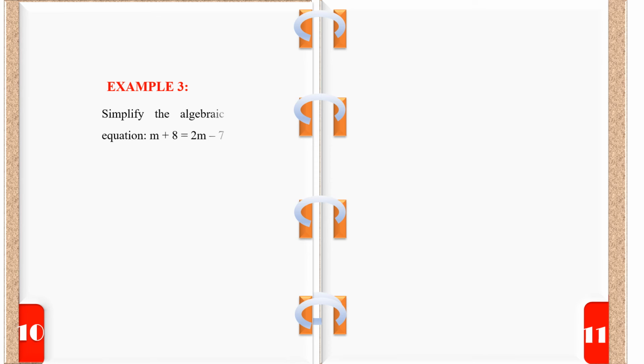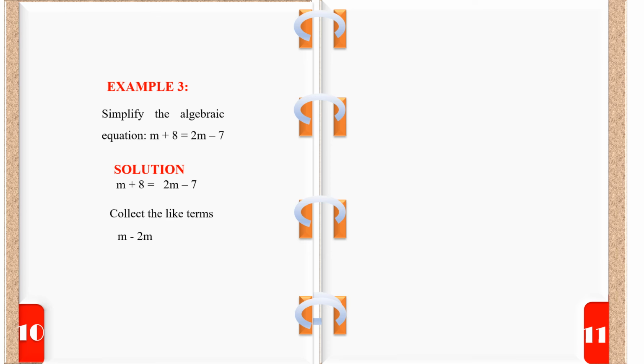Example 3. We have to simplify m plus 8 equals 2m minus 7. To solve that, we are going to collect the like terms. It means m and 2m will be put together, and when you are crossing 2m, it turns from plus 2m to minus 2m.